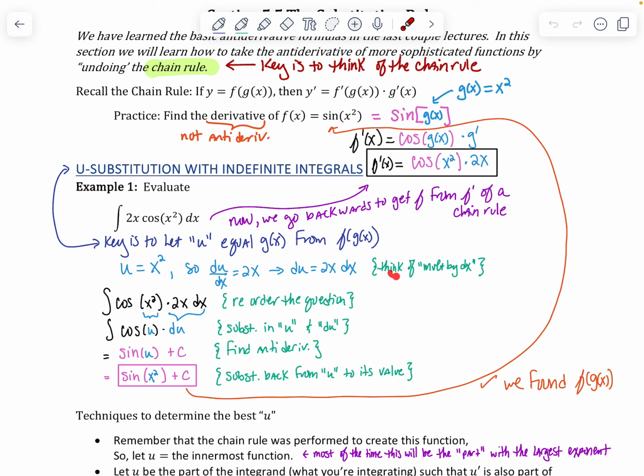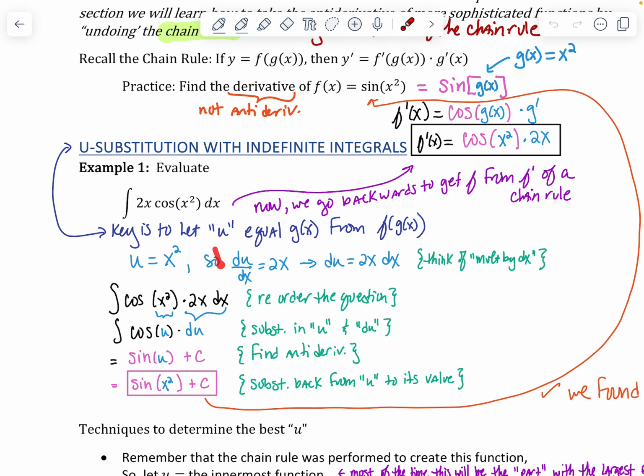But since we're going to focus on just du, you could think of multiplying both sides by dx, so it cancels off on the left and shows up on the right. Really, you're just doing differentials where the derivative of u is 1 in terms of u, and the derivative of x squared is 2x in terms of x. But we'll work on this notation just thinking of it as putting the dx at the end.